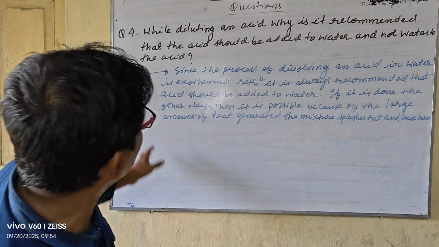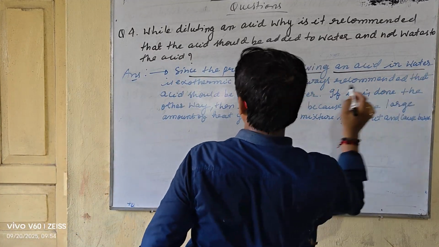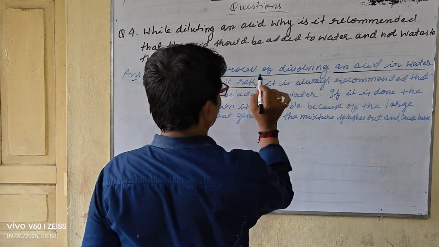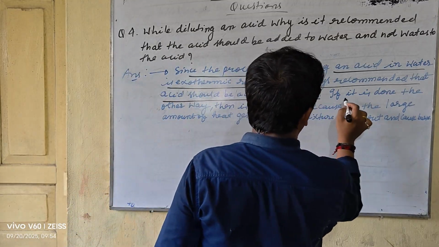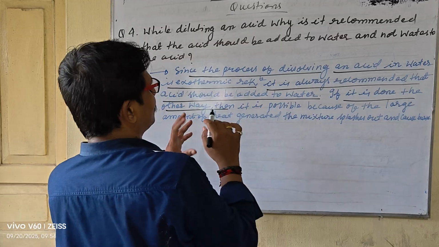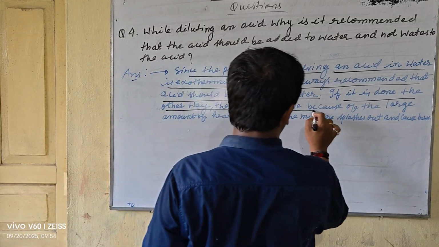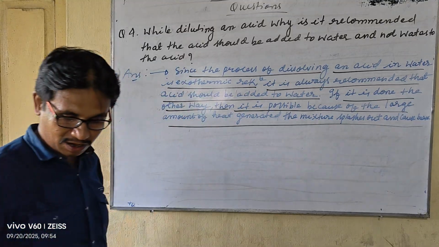So that is the main reason: since dissolving an acid in water is exothermic, it is always recommended that acid should be added to water. If water is added to acid, the large amount of heat generated can cause the mixture to splash out and cause burns.